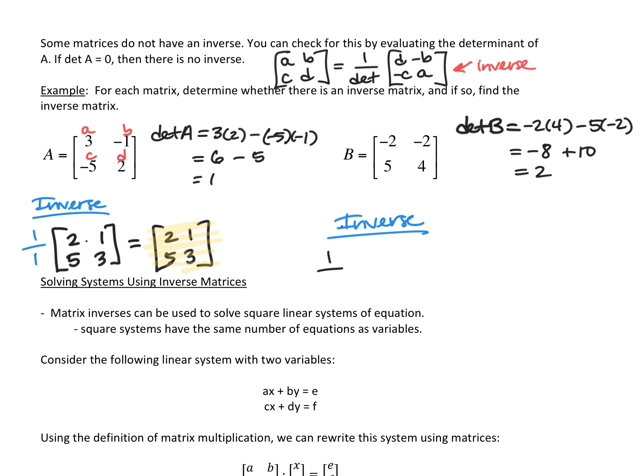1 divided by the determinant, so 1 divided by 2, multiplied by D, negative B, negative C, A. So if this is A, B, C, D, we'll use that to guide us. Starting with D again, so 4. Now negative B, or the opposite of B, so positive 2.